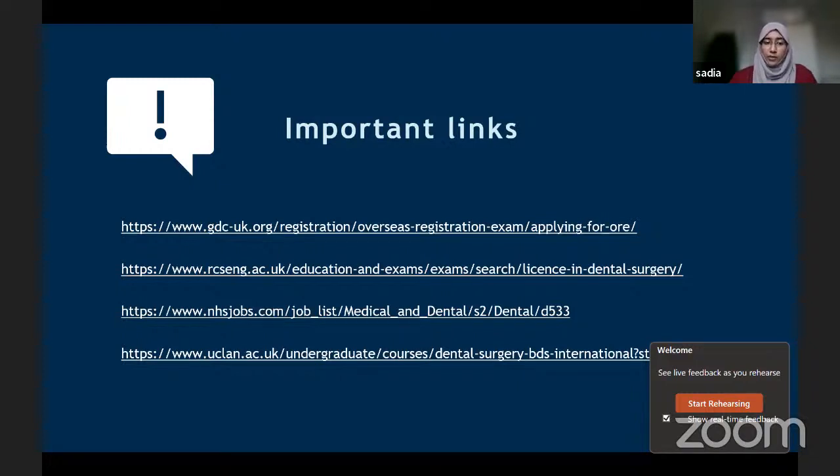If you click on the website, you will see the clinics or practices offering NHS jobs and what the salary could be, so you can get an idea of the salary and the demand for dentists right now in the UK. The very last link is for UCLAN, the undergraduate course that they are offering. If you really want to know more about it, you can head to these links and they will give you more information.